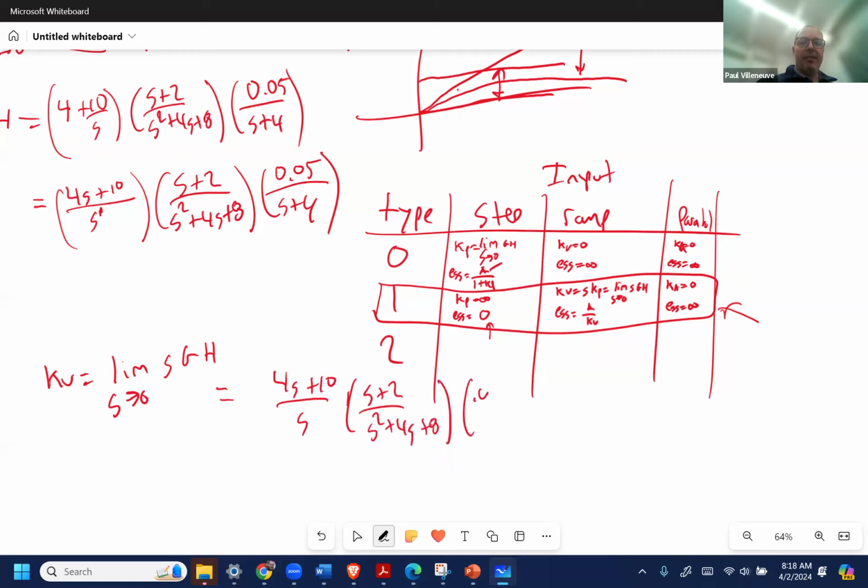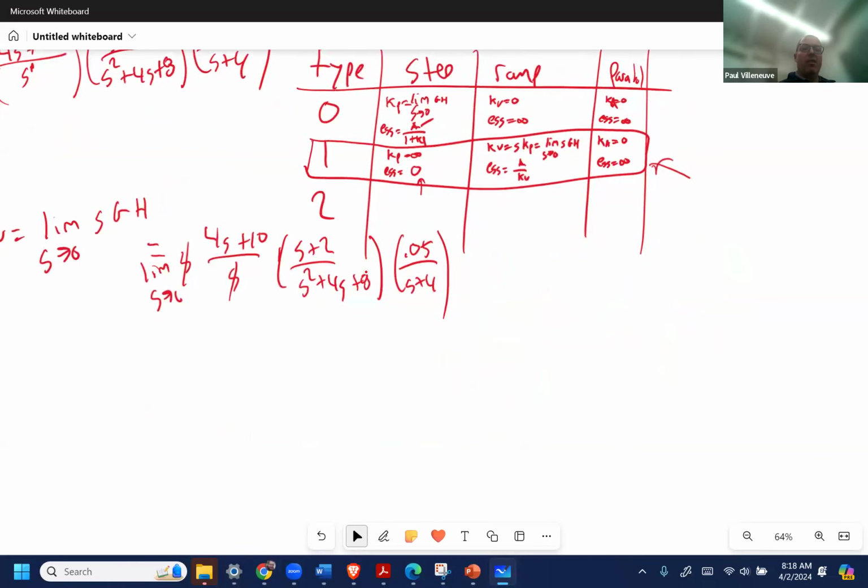And that's times 0.05 over S plus 4. If you remember, we're going to multiply by S and take the limit of that as S approaches 0. So those S's will cancel, which is a good thing because the zero in the denominator would make that blow up to infinity.